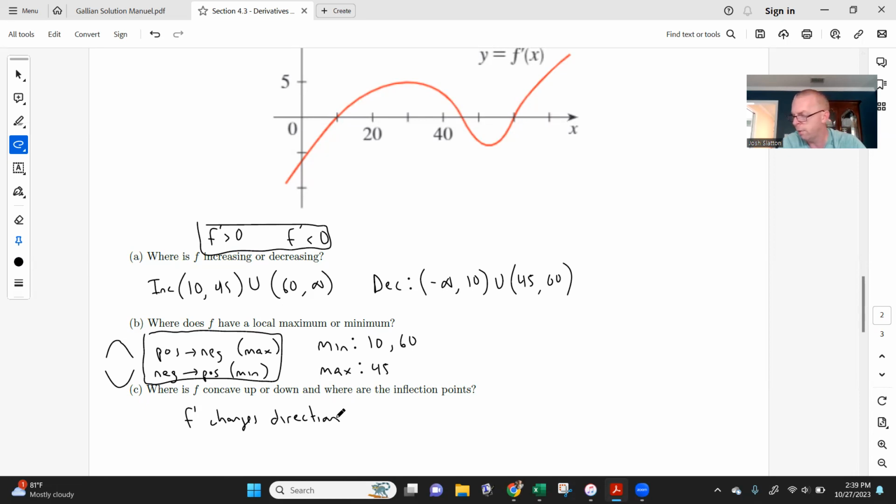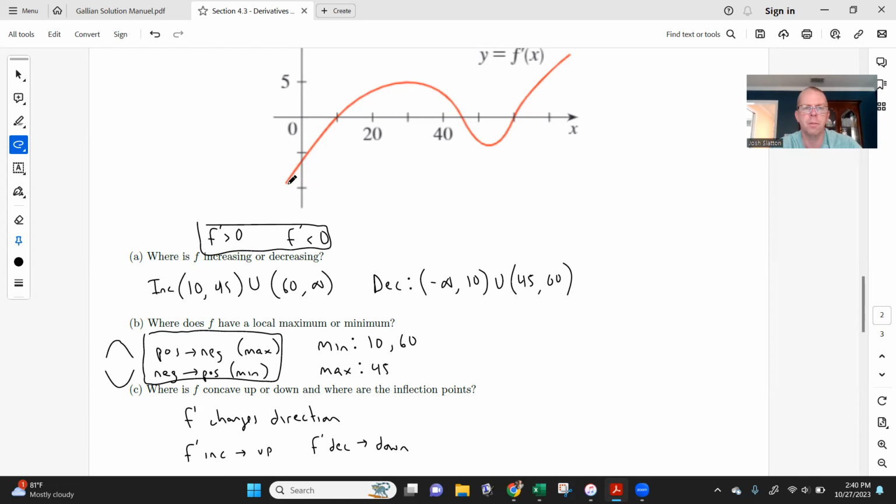So if F prime is increasing, we're concave up. If F prime is decreasing, we are concave down. So F prime increasing, up; F prime decreasing, down.